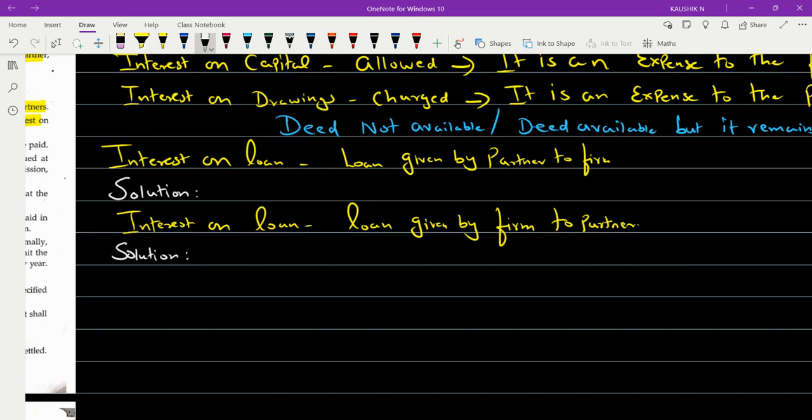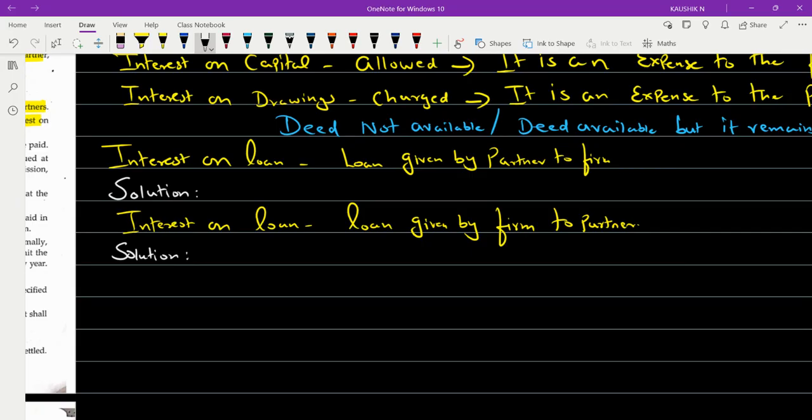Okay, there are no different solutions. Both, in the sense the deed is there but silent about this matter, or there is no deed, are the same concept. Conceptually they are the same, even the solution is also the same. What will be the rate of interest? On which one?